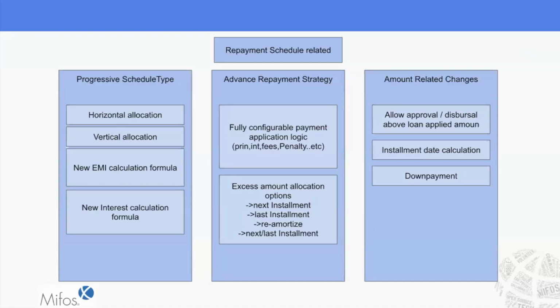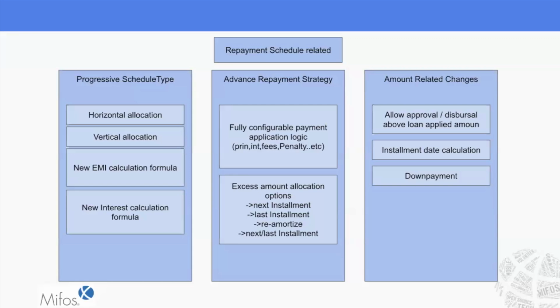So we implemented two types of allocation order: one is horizontal and the other is vertical. We have also changed the EMI calculation formula and the interest calculation formula when the progressive schedule type is calculated.